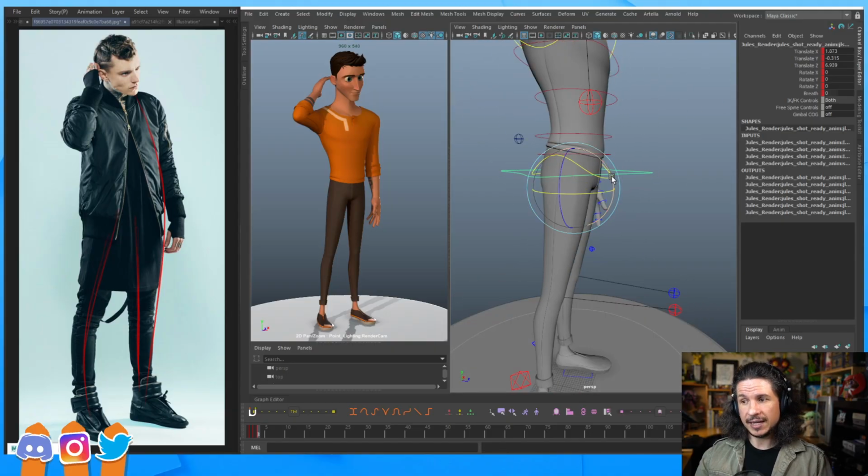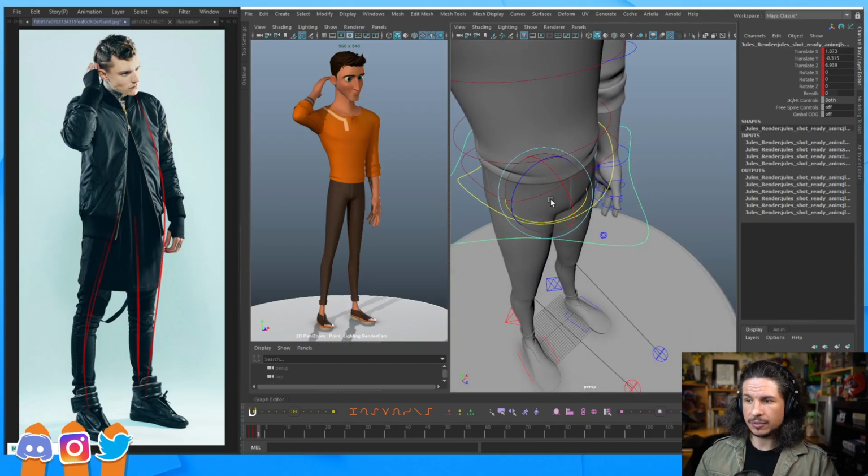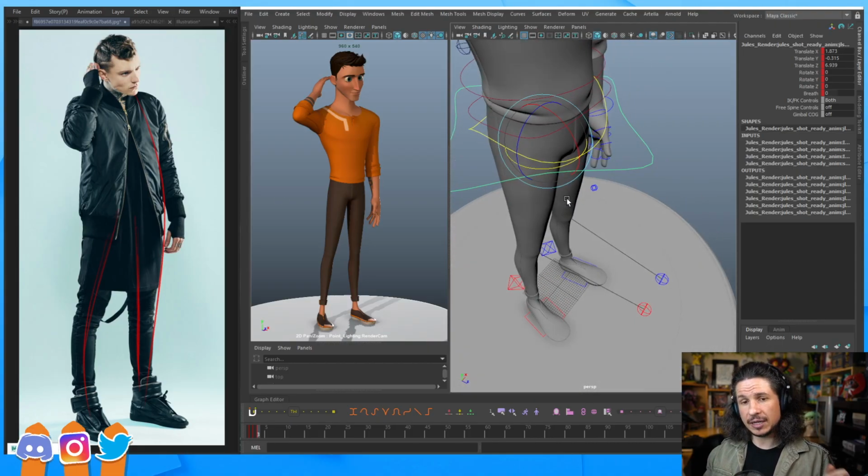Okay, rotations, same thing. On almost any pose, you're going to have a little bit of every rotation in there. So, starting with the hips, rotate Y. So rotate Y is the twist this way, at least in Maya. If you're in Blender, it's going to be rotate Z. In this case, it's going to follow the feet.